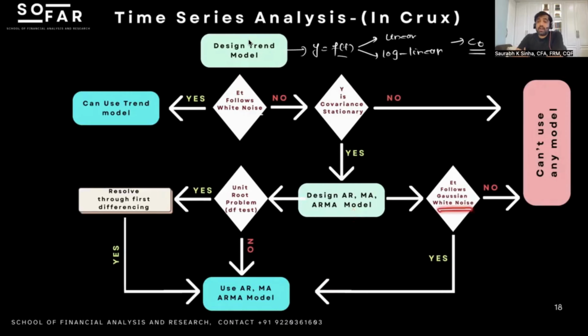So you check for white noise, but there is a restrictive condition. Not only white noise, it has to be Gaussian white noise. So whatever you respected in regression, you have to respect in the ARMA model, but not in the trend model. Follow Gaussian white noise? Yes, awesome, use the model. No, you can't use any model on the planet. Stop there.